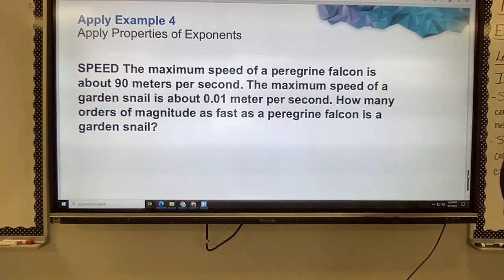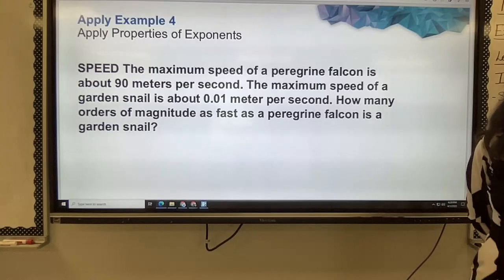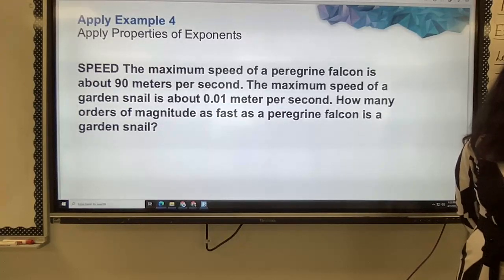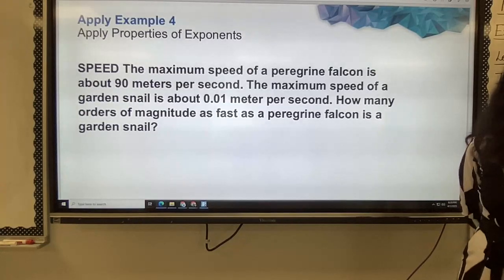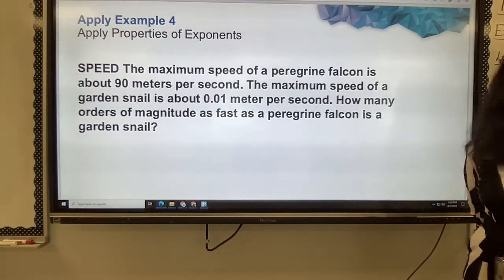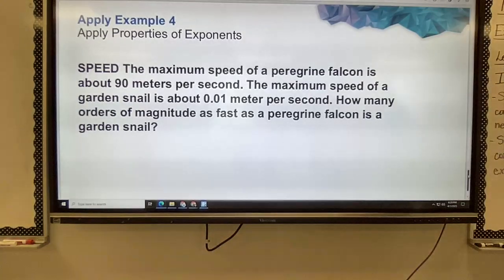So let's look at this. We are trying to see, all right, the garden snail is how many orders of magnitude as fast as the falcon? What are the orders of magnitude of each animal? That's the first thing we need to see. And then what is the ratio of the two orders of magnitude?